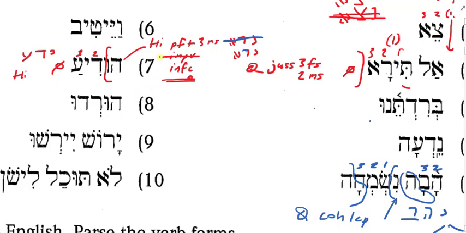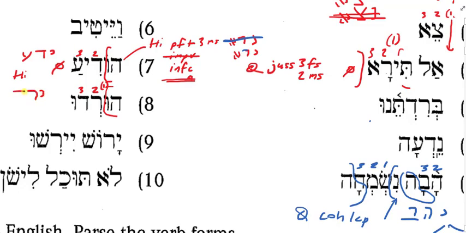Okay, good. Now, while we're thinking about 7, let's just look at 8. I have horedu. Now, see, I've got a hey prefix, and I only have 2 consonants after it. And if that's roots 2 and 3, that means that root 1 is missing here, right? It could be showing up, though, in the form of this shurik, which would tell me it's a 1-yod verb that was originally 1 vav.